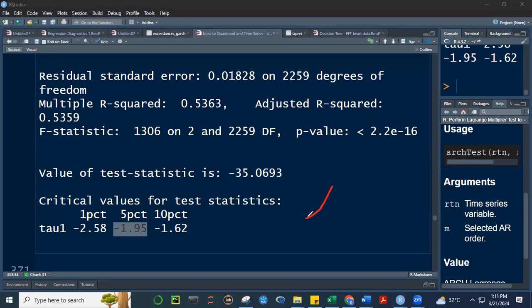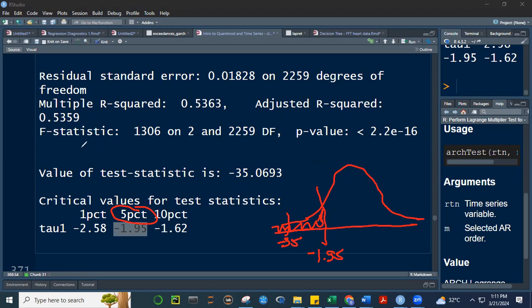So this is what we're testing. This is our t distribution. Our critical value is here, negative 1.95. This is using a 5% level of significance. And our t value is here, negative 35, which belongs to the rejection region.